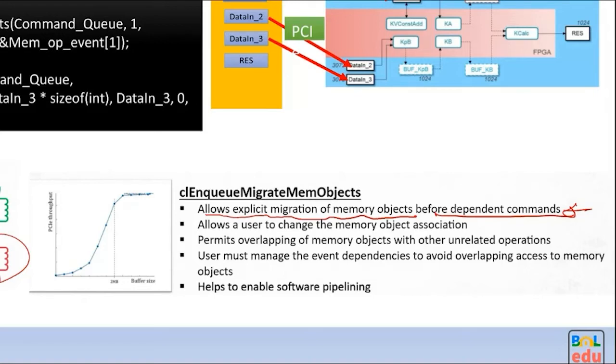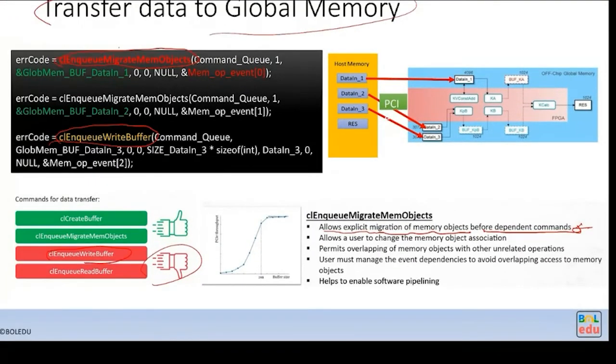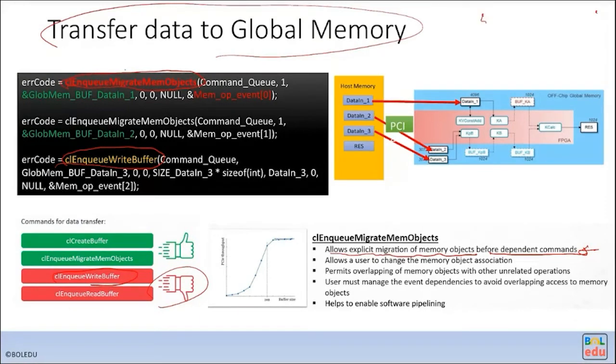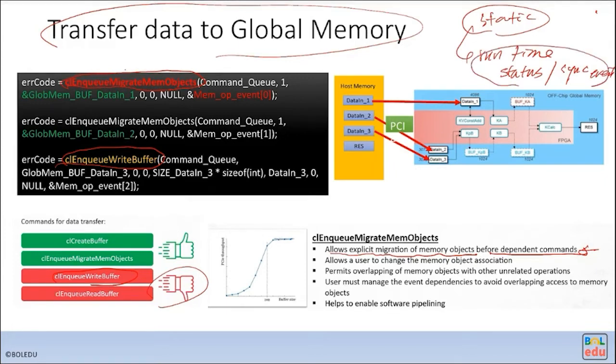Remember, when we write those programs, we write them statically, and during runtime all the status changes, and many synchronization events happen at the same time. So those behaviors could not be captured when we write the code.